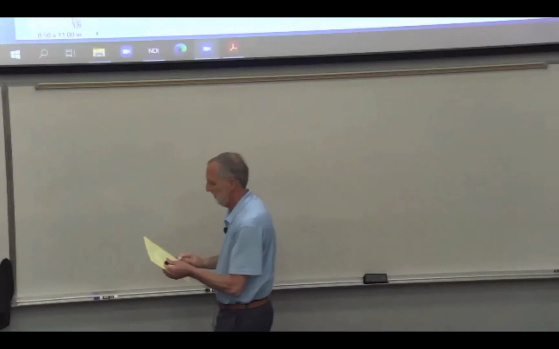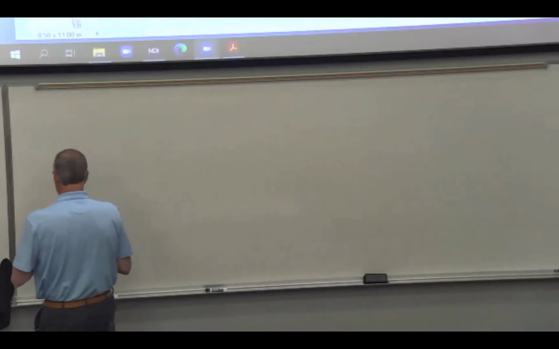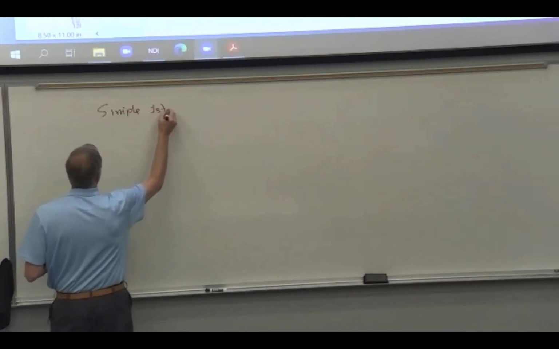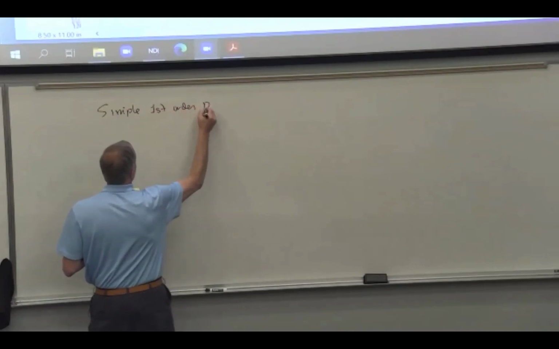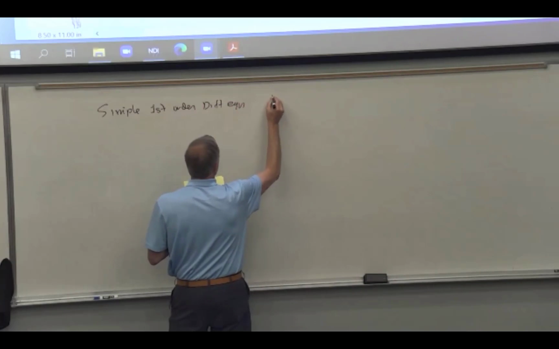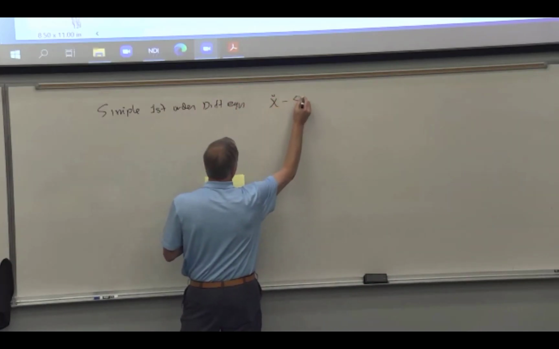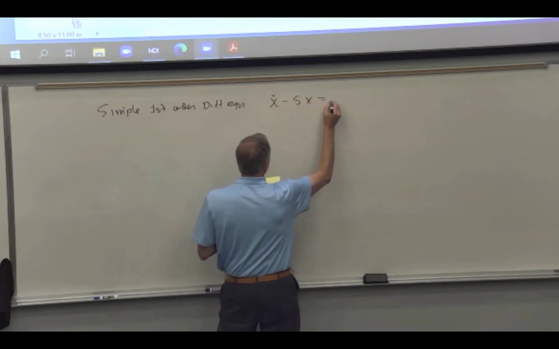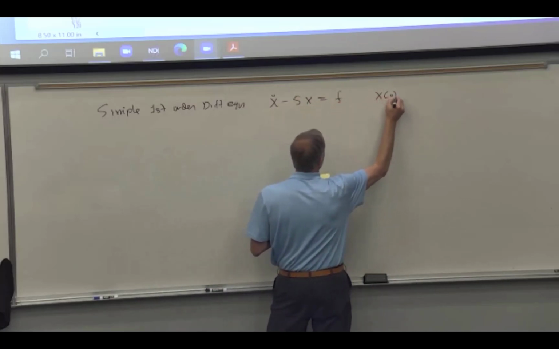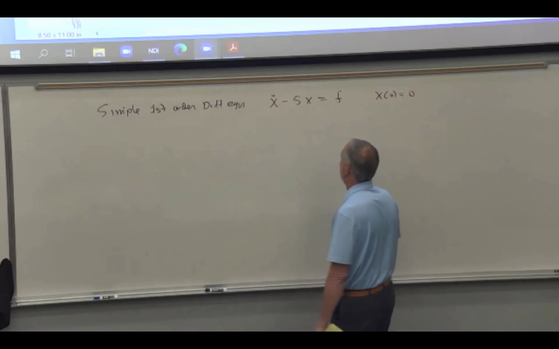So let's back up from the complicated airplane equations, and let's look at a simple first order differential equation. So it's going to be x dot minus 5x equals f with initial condition of 0.